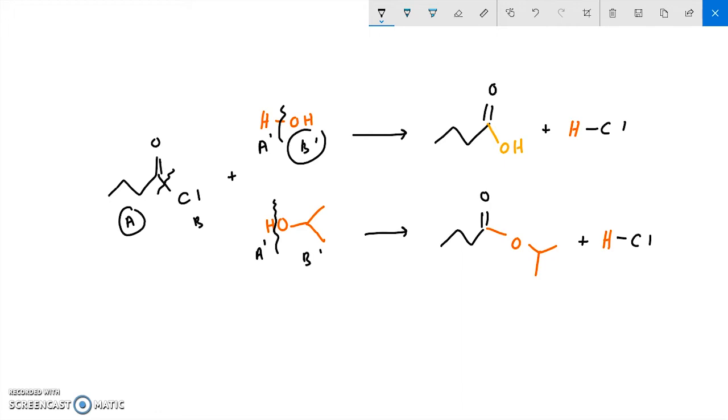Therefore, at the end of the reaction, you will obtain the compound ester. It consists of the alkyl group RC double bond O combined with the alcohol part. So the name of the reaction is esterification. Both hydrolysis and esterification have the same mechanism, which is the nucleophilic substitution reaction.